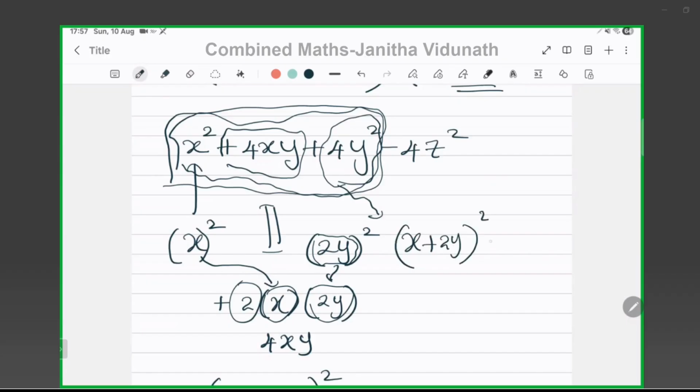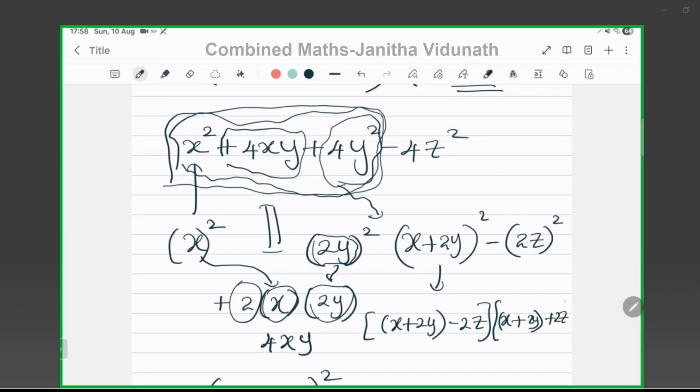Then the other term is minus 4z square. 4z square can be written as 2z whole square. Then this is simply a difference of two squares. Then we can factorize this as first term minus second term and first term plus second term.